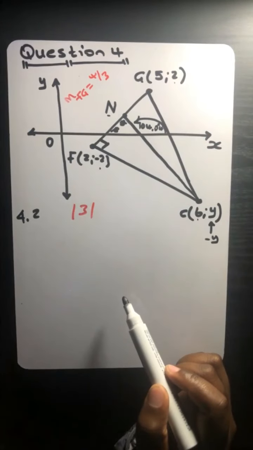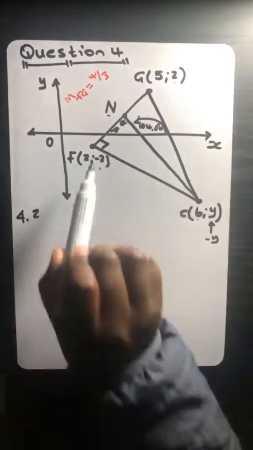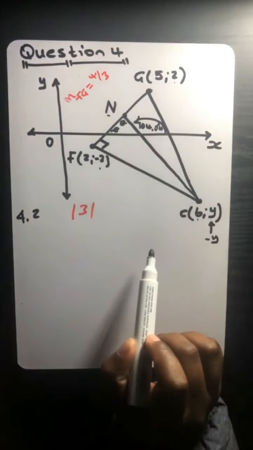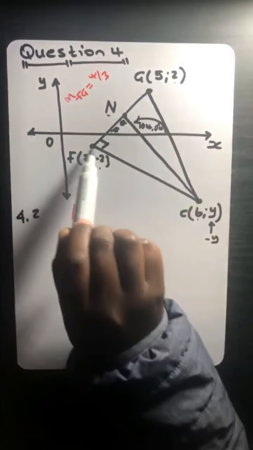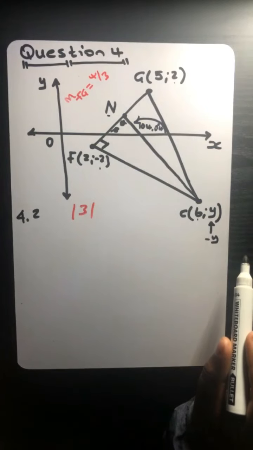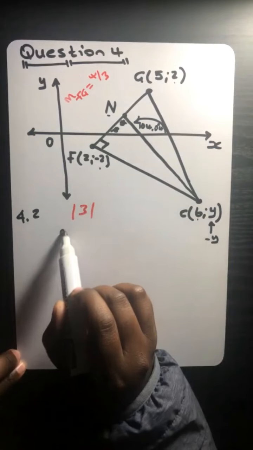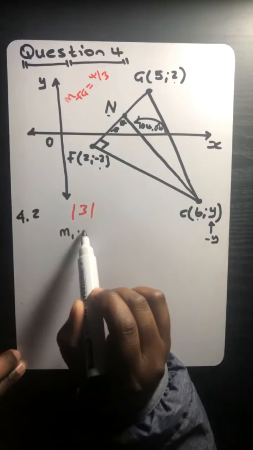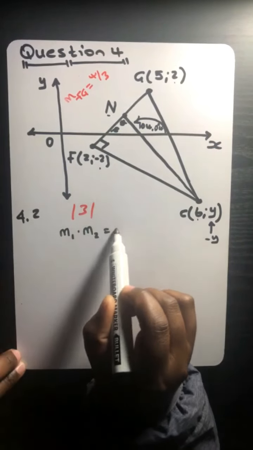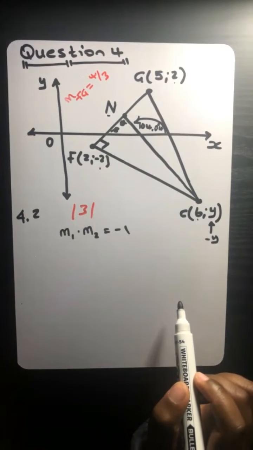What do we know about this line in relation to that line? We know very well that these two lines are perpendicular to each other. Very, very much important, guys. And what do we know about two lines being perpendicular to each other? We know that the gradient of line 1 multiplied by the gradient of line 2 is equal to negative 1.